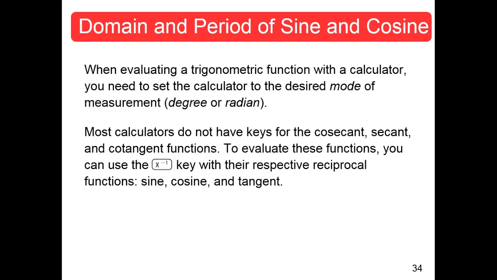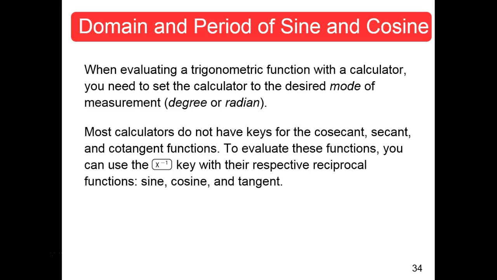Number one, calculators will calculate trig functions, but you have to tell it what you're measuring. Are you measuring in degrees? Or are you measuring in radians? Most of this course we'll be doing in radians. You have to tell your calculator that. Now, some of the scientific calculators used to always put up DEG or RAD. You'd see that on the screen and you know what mode they were in. Most of the graphing calculators, however, don't do that.